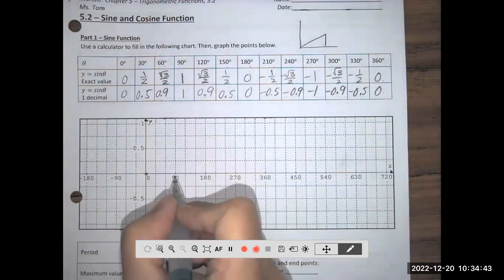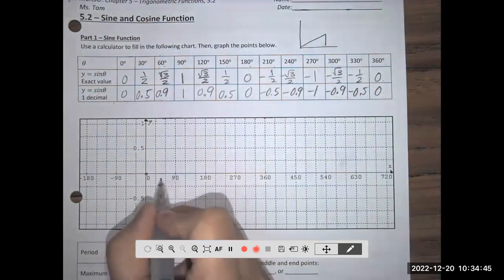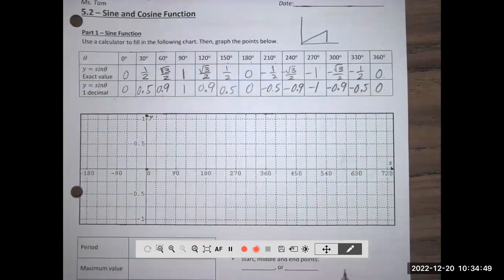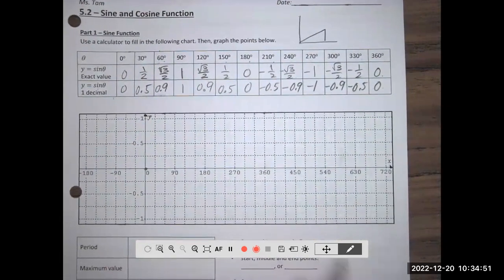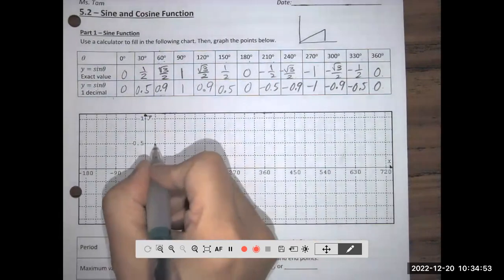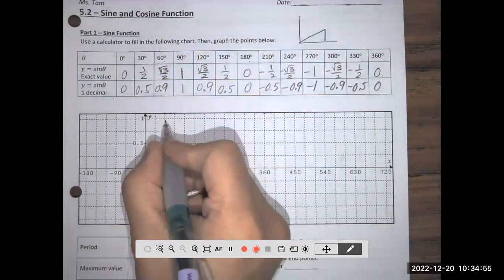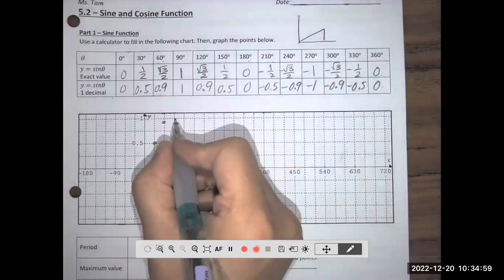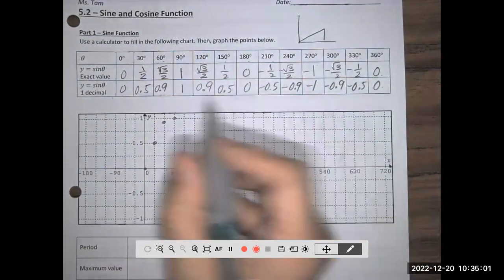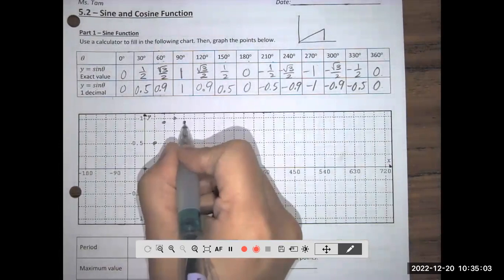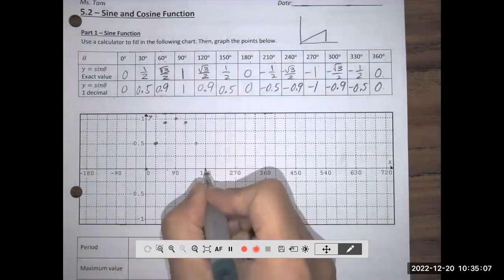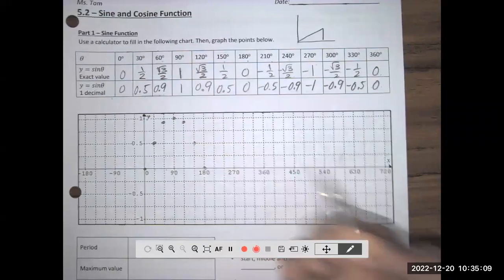So remember that this is 90, so each square or each box is going to represent how much? How many degrees? 30. So 30, we're at a half. 60, we're at 0.9, so just put that close to 1. We're just estimating here. 90 is at 1. We come back down to 0.9, 0.5. 180 is going to be at 0.